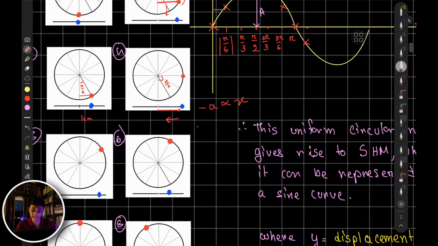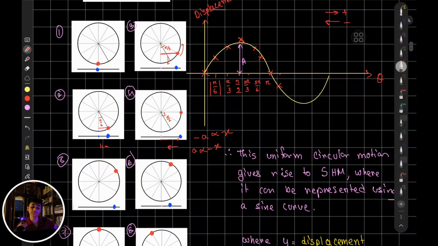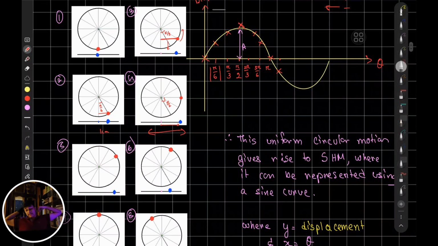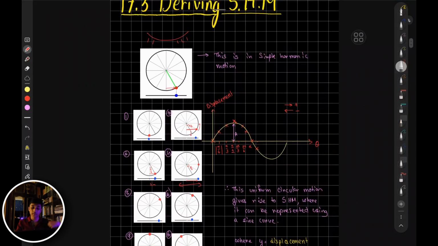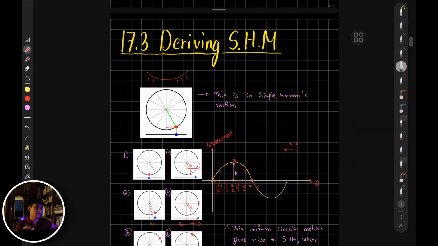So if we take the negative sign on that side, we can say A is proportional to minus x. So that is how this oscillation is simple harmonic motion, because it does go by the definition of simple harmonic motion.